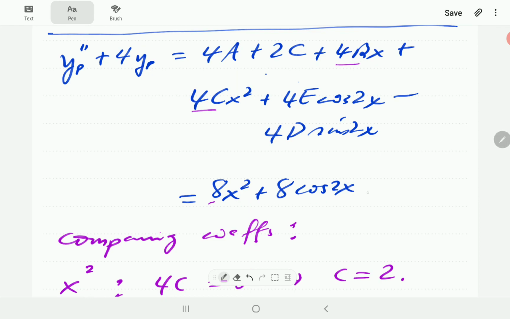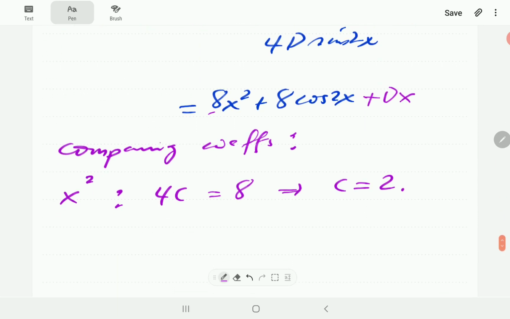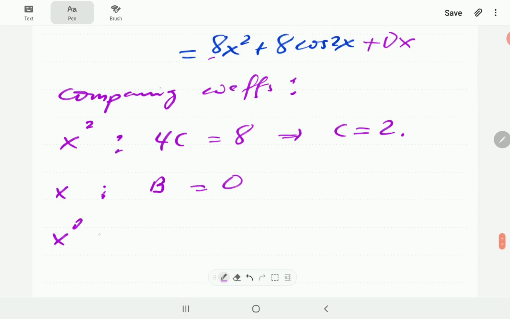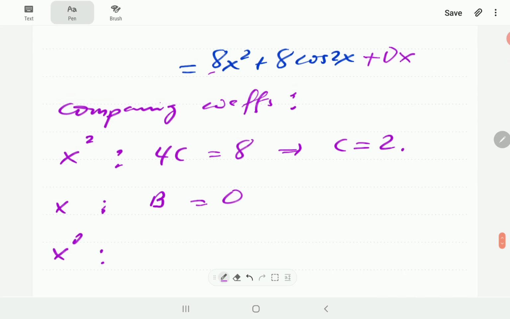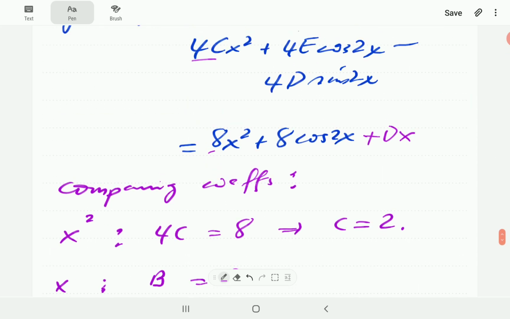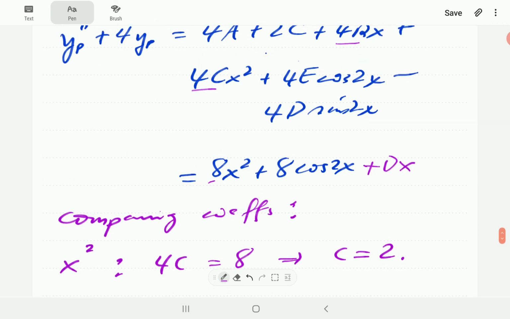This side there is no x term, so b must be equal to 0. And then the constants on the left hand side, we have got 4a plus 2c.